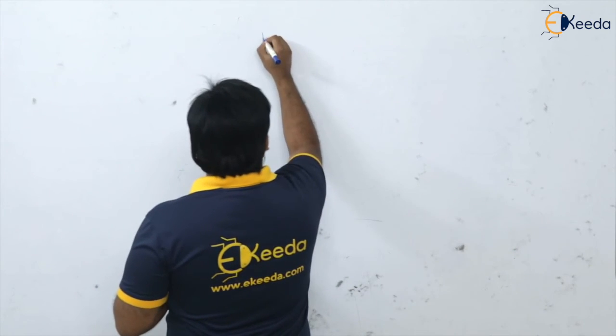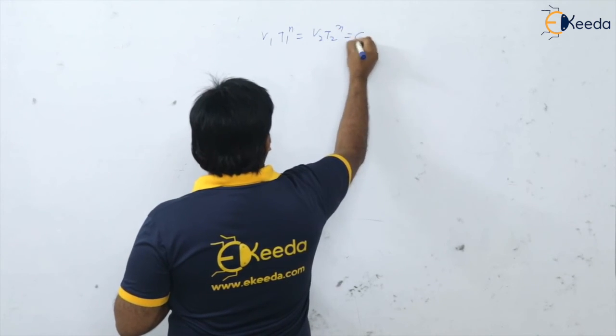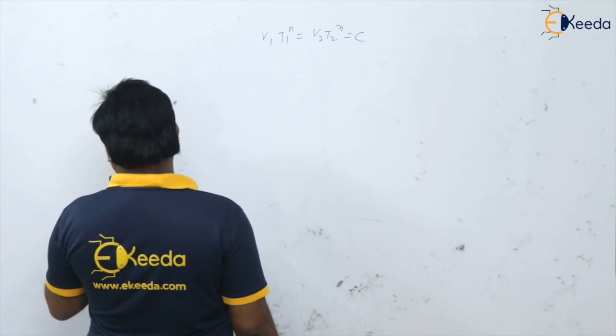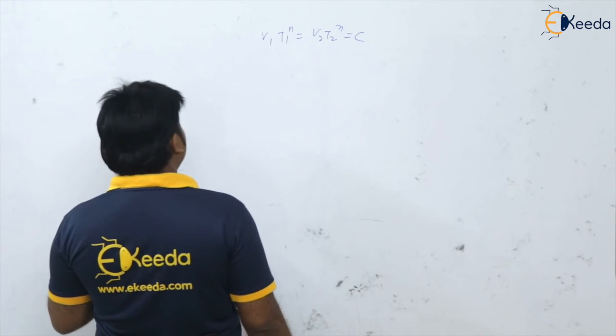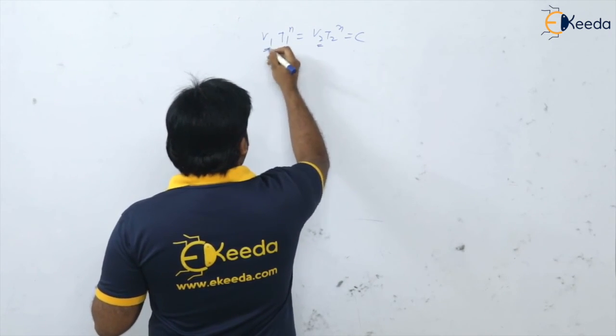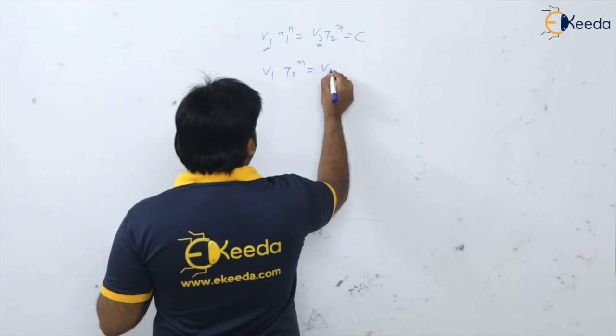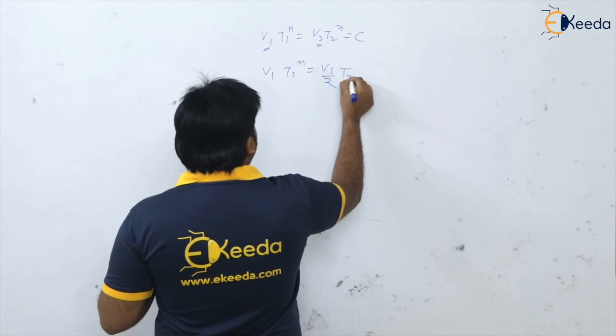We know the relation V1 T1 to the power n is equal to V2 T2 to the power n is equal to constant. Here the cutting speed is reduced by 50%, that is, V2 becomes half of V1. So V1 T1 to the power n is equal to V1 by 2 times T2 to the power n.